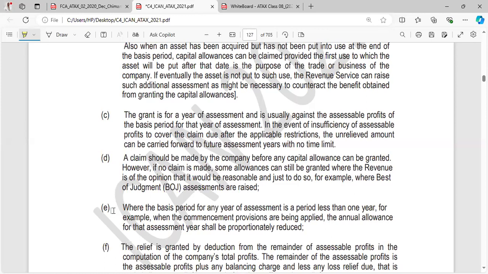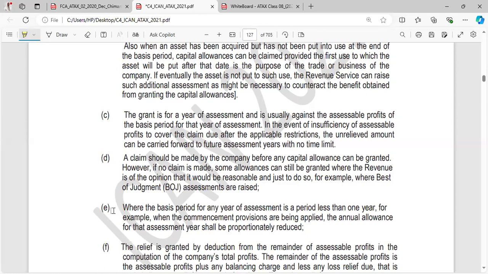So what happened? You cannot grant the whole 1.5 million that year. You only grant 1 million that your assessable profit can carry. Then you take the remaining 500,000 to the next year. You keep carrying it, if there's no profit, you keep carrying it until such a time to accommodate it.